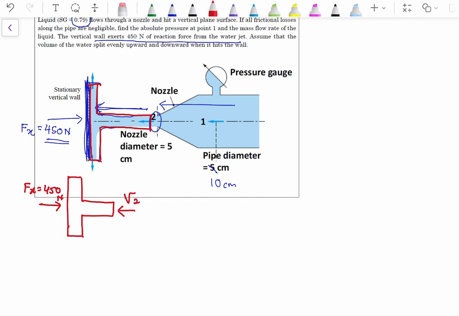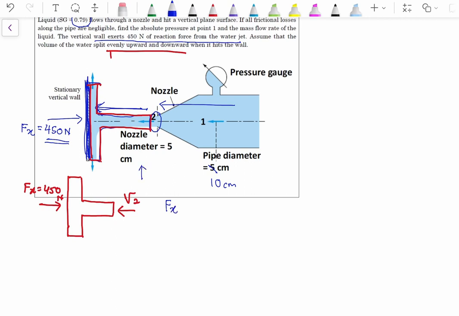Okay, and the water splits evenly upward and downward, but in this question our vertical force is not a concern because we were given the horizontal force. So with that, we build the momentum equation for this system. Our momentum equation will look something like this.